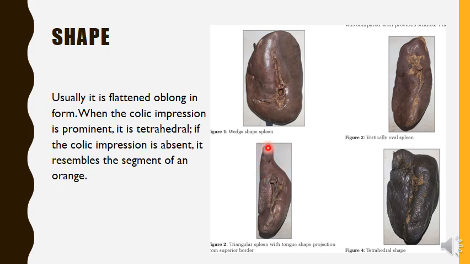So this is one more shape wherein the spleen resembles a triangle. So it can be of wedge shape, triangle, or vertically oval, resembling a segment of orange, or tetrahedral. These are the different shapes of the spleen. So when you see a specimen of the spleen, you should be able to identify the different shapes of the spleen.